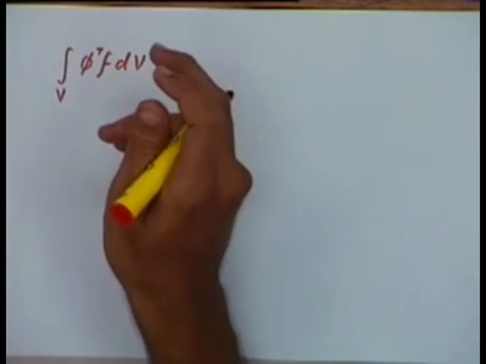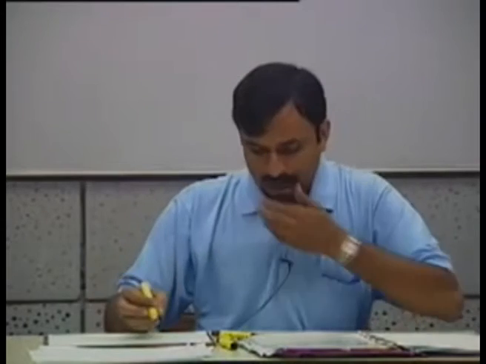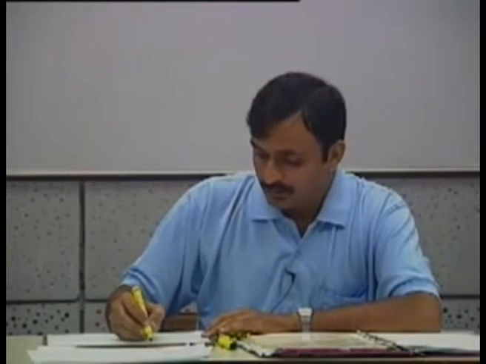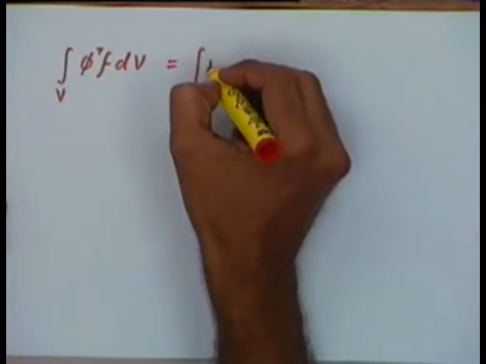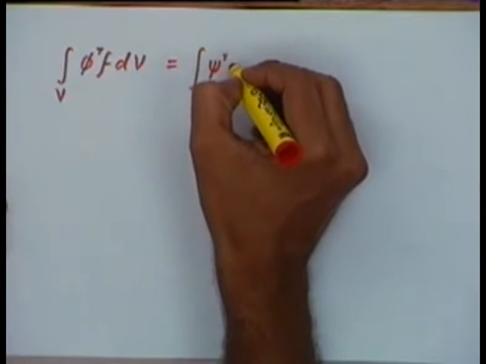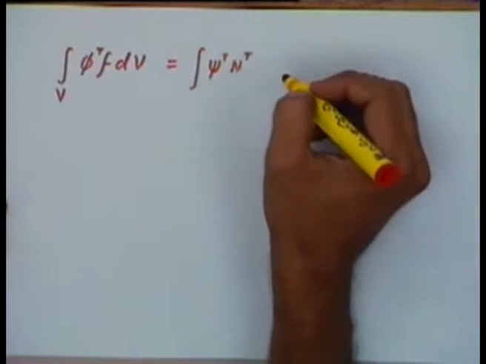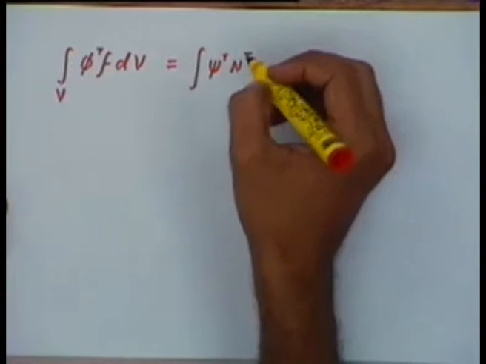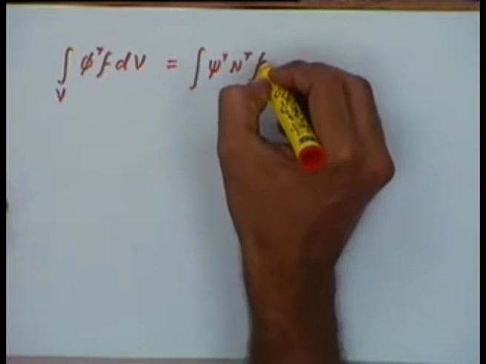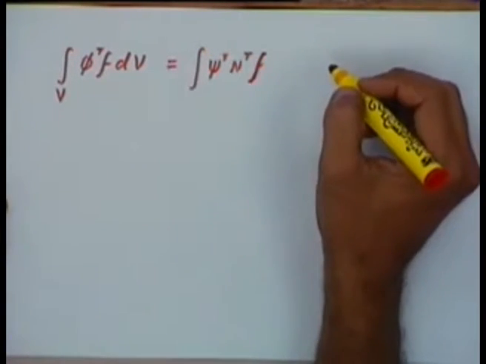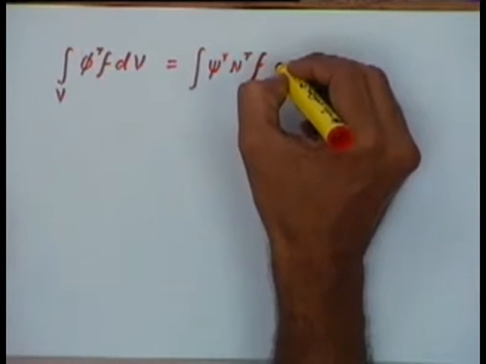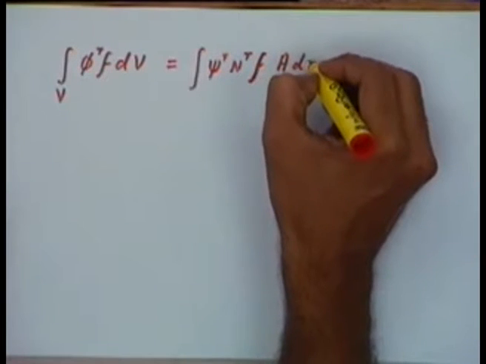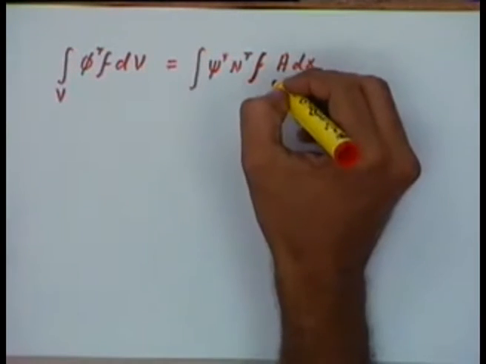Now if I take up this, again phi is equal to n times psi. I am writing it directly. So phi transpose will be psi transpose multiplied by n transpose. F is the body force within the element, dV is A times dx, where A is the area of cross section in the element.